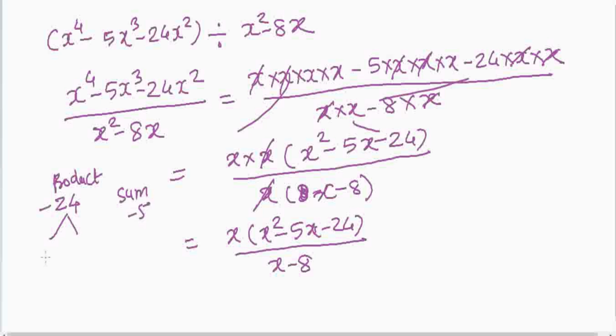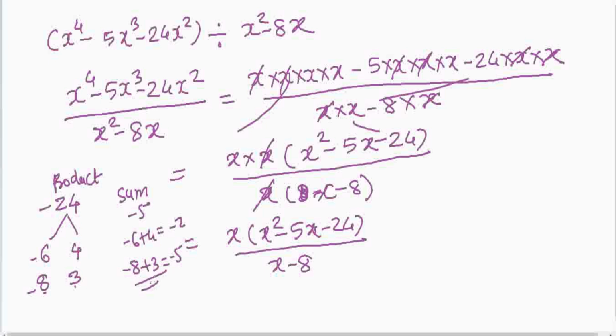If we take 6 into 4, suppose this is minus, then 6 into minus 4 will give a product of minus 24, but minus 6 plus 4 gives us minus 2. Again, if we take minus 8 and 3, then 8 threes are 24, so the product is minus 24, and minus 8 plus 3 gives us minus 5.